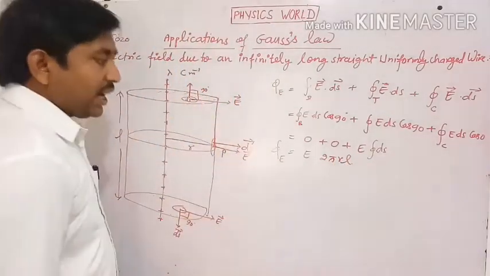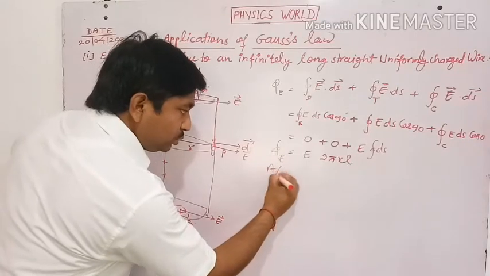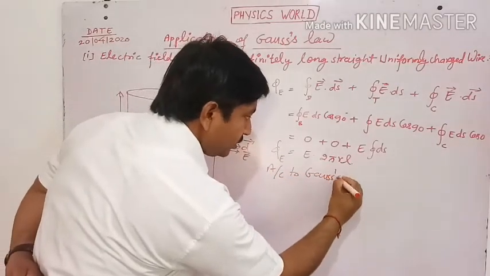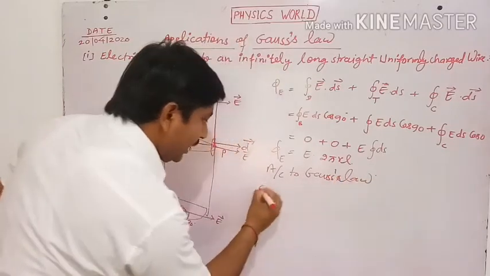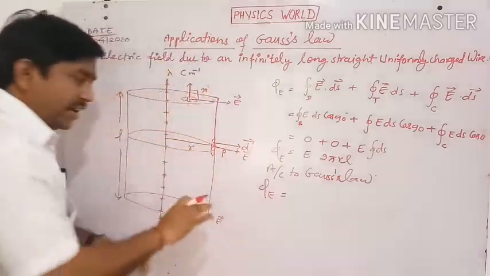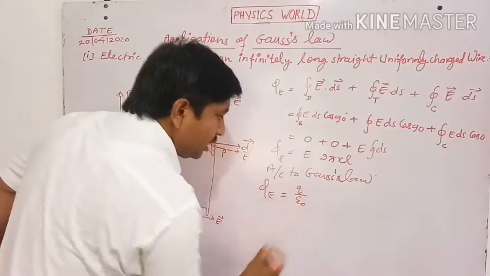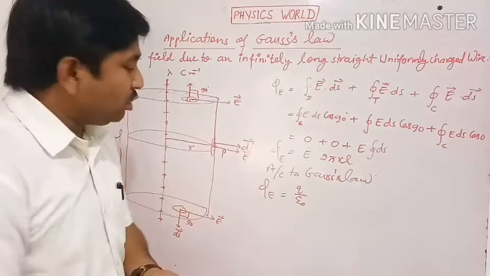Now according to Gauss law, the total electric flux passing through any enclosed surface is equal to the net bounded charge divided by epsilon naught.